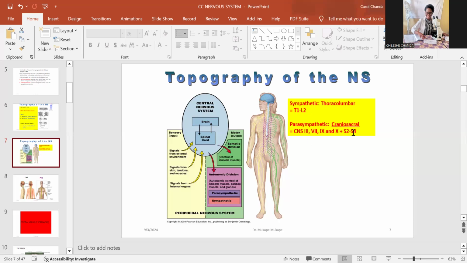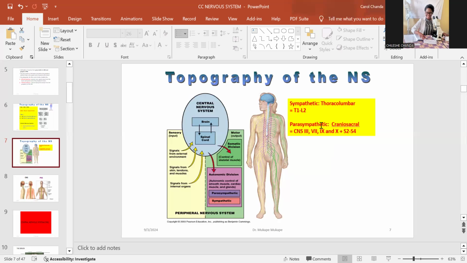And then we have the parasympathetic stimulation. Those come from what is known as the craniosacral outflow. The craniosacral outflow includes some of the cranial nerves that help to make up the parasympathetic system: cranial nerves 3, 7, 9, and 10.